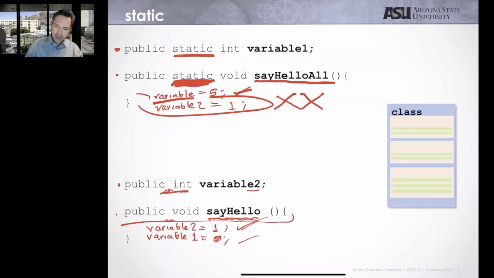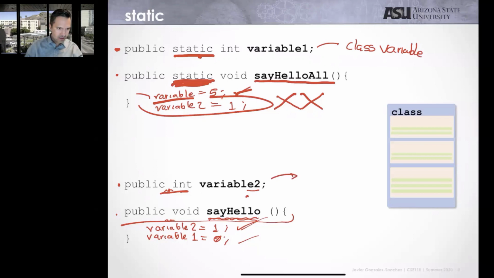Here, I have variable one, a static variable. Variable two, non-static variable. But for some people, this static, non-static is confusing. Some people will say this one is a class variable, which means it's a static variable.